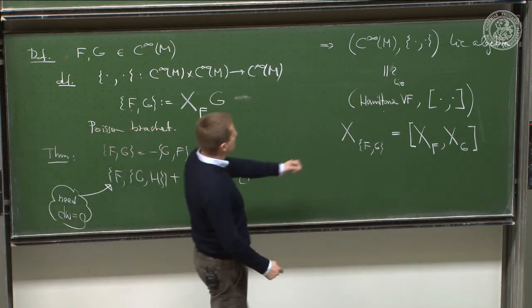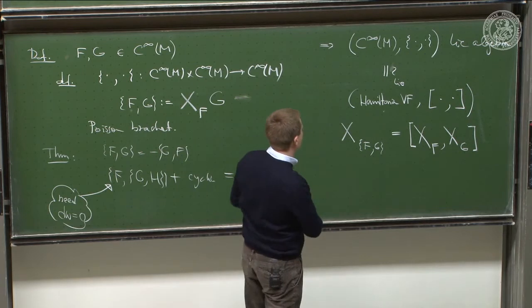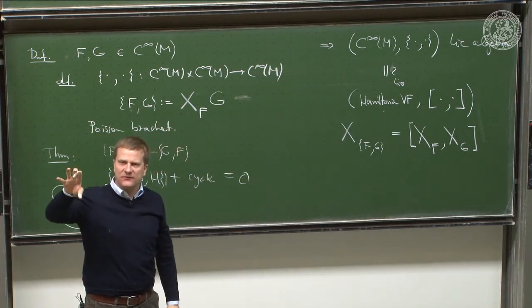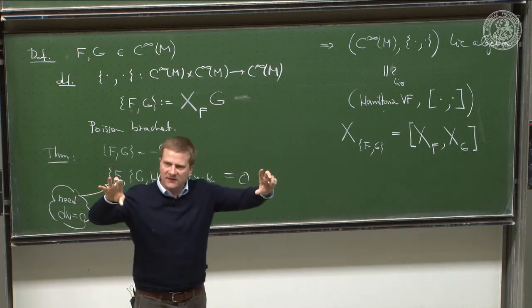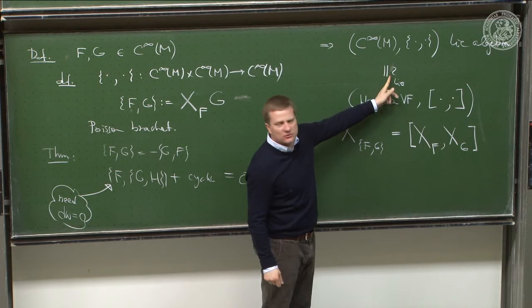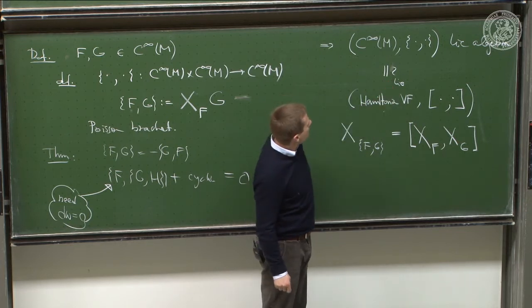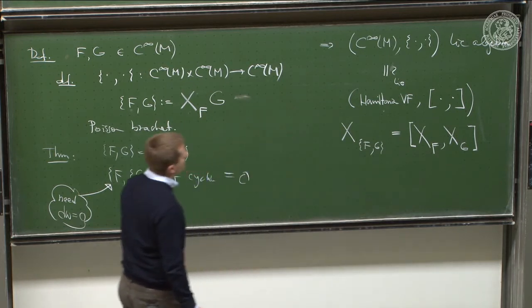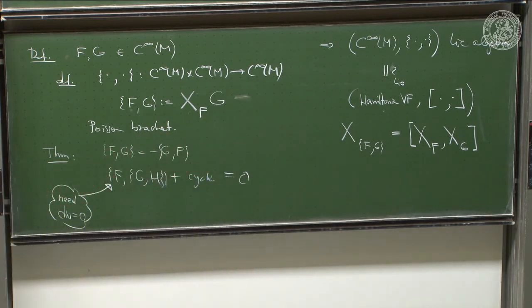So it's the X map that associates with every observable in C infinity(M) a vector field that is exactly this Lie algebra isomorphism, right? Yes.